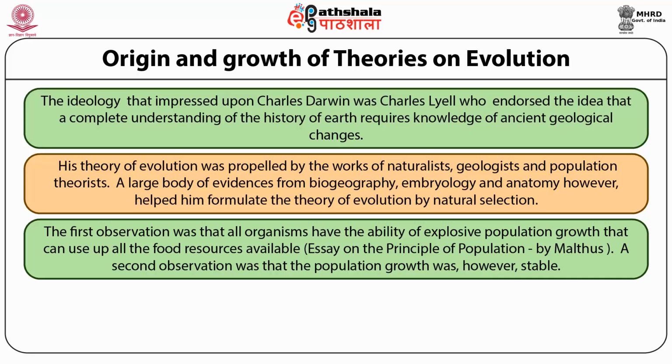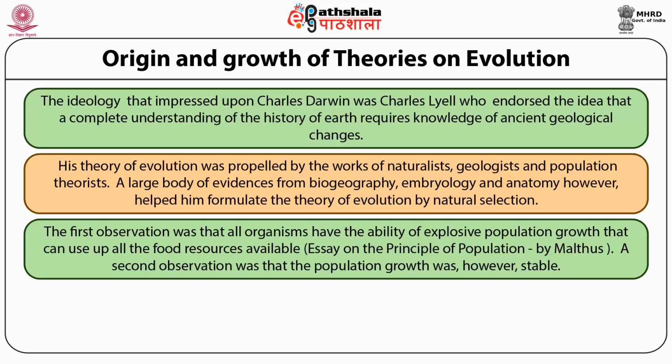A second observation was that the population growth was, however, stable. Based on these two observations, he deduced that populations do not attain their maximum potential to reproduce, and only the few individuals who successfully reach a reproductive age are selected for.